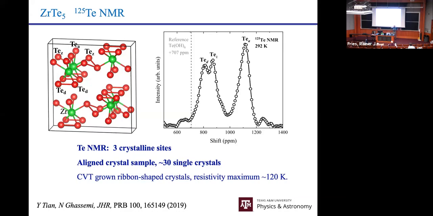NMR is not a highly sensitive technique because of the smallness of the RF quanta, and so this took a sample of many different individual crystals to do. But that was what was done by my student Yifan Chen, and these are vapor transport grown crystals that we grow in our lab.